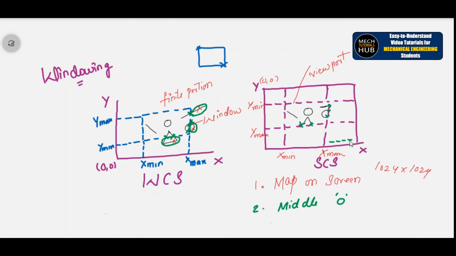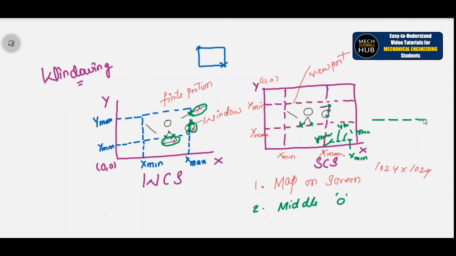Reading from right to left, the first bit is called the X minimum bit, the second bit is the X maximum bit, the next one is the Y minimum bit, and the next is the Y maximum bit. So each box will have X minimum, X maximum, Y minimum, and Y maximum information.